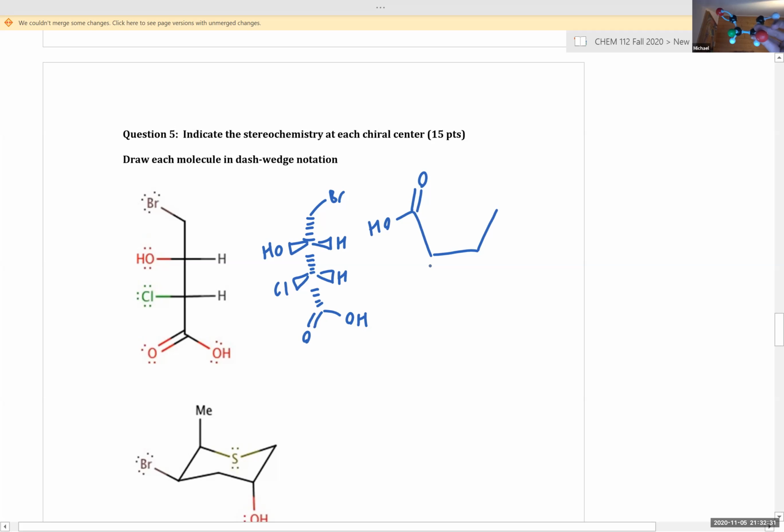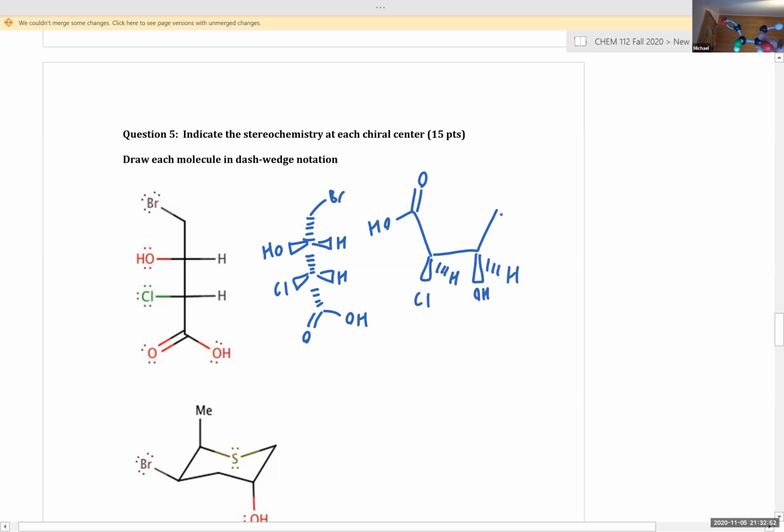Now my question to you: is this chlorine pointing out of the page or into the page? Out. Yep, so we're going to draw the chlorine with a wedge, the hydrogen with a dash, and the alcohol as well is pointing out of the page.